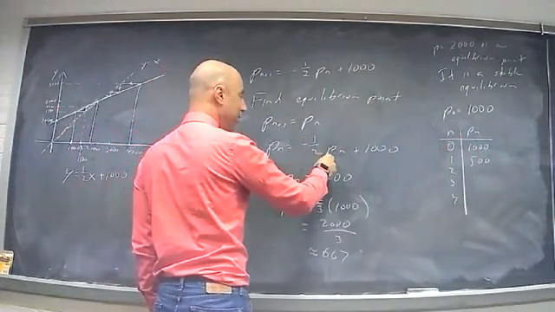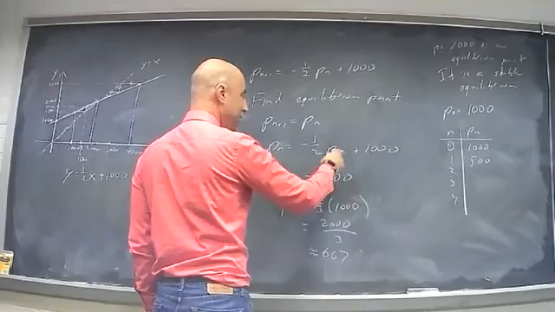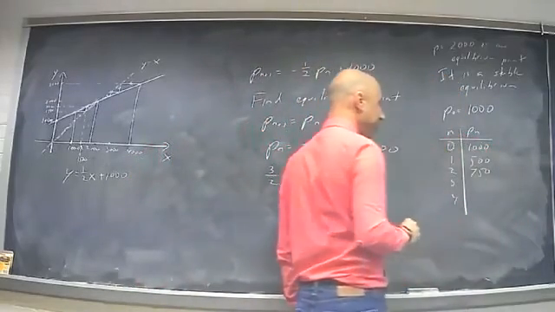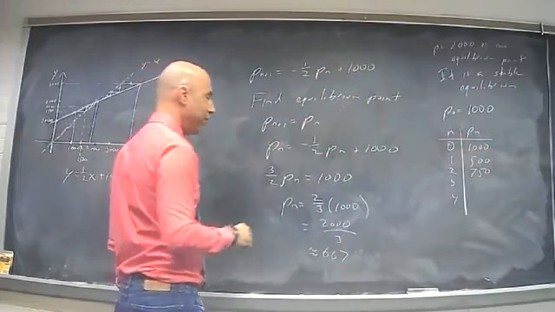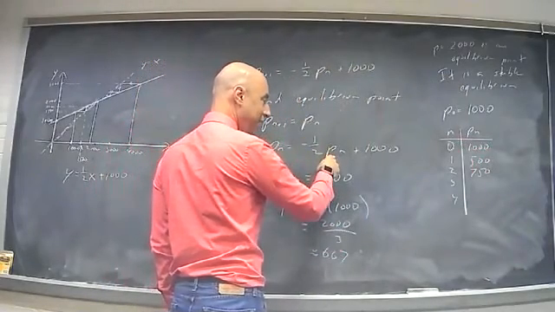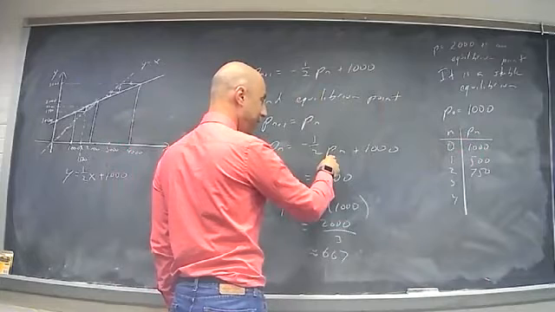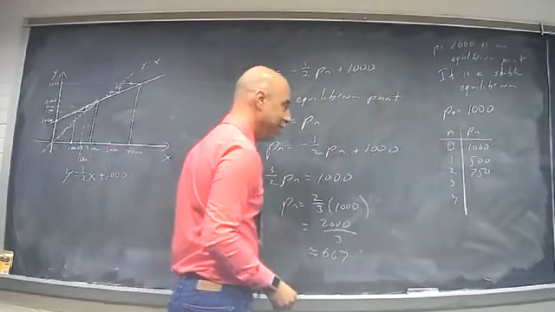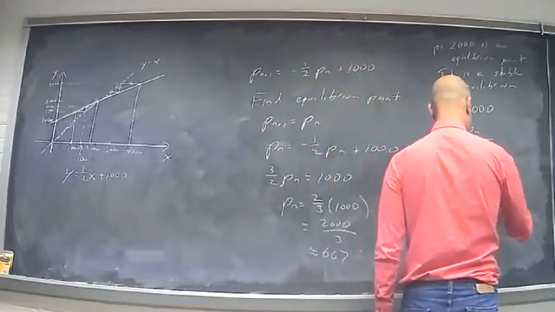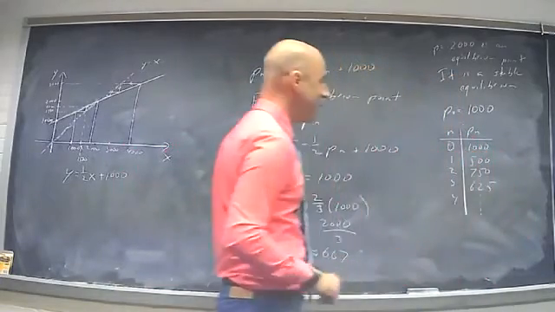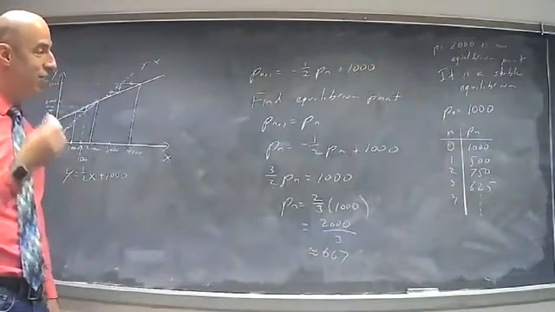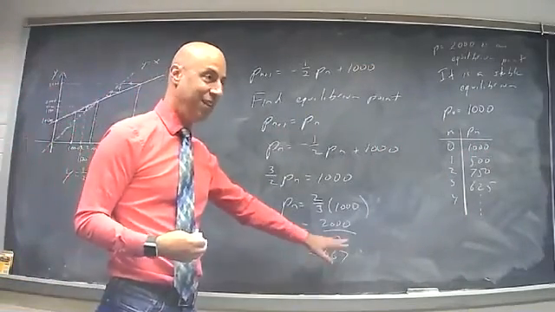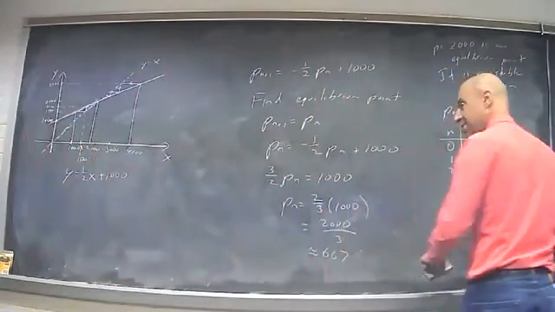Minus 1/2 times 500 is negative 250, plus 1,000 is 750. Minus 1/2 times 750 is minus 375, plus 1,000. So that's 625. And so on. So this time the numbers are sort of bobbing up and down, 1,500 and up to 750, 625. And we know they're getting close to 667, or 666 and 2/3.